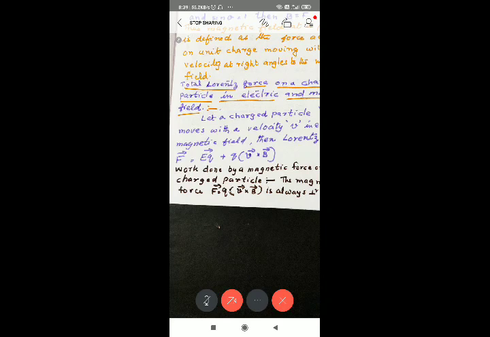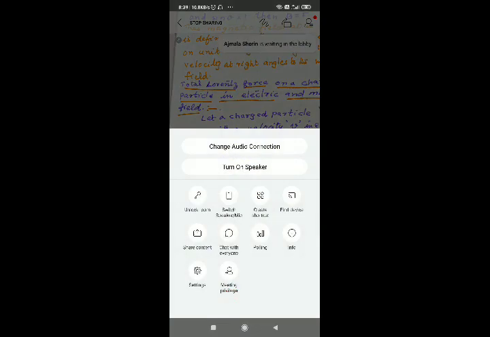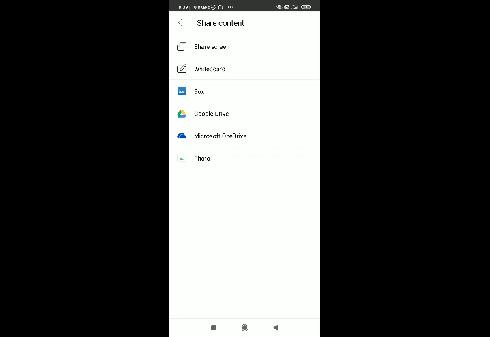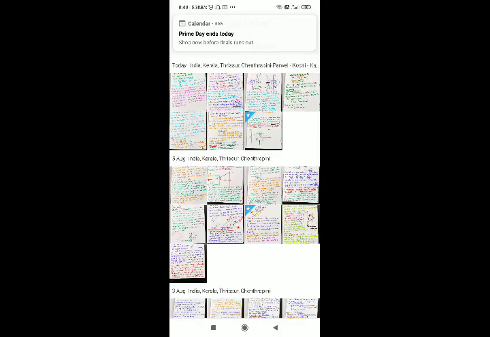So kinetic energy is not changed. What is changed? Direction of motion of the particle is changed. So here we can see what we can tell about the work done. Work done equal to 0. Then is it happening anything to it? Yes, its direction of motion is changed. Okay, let us see that.